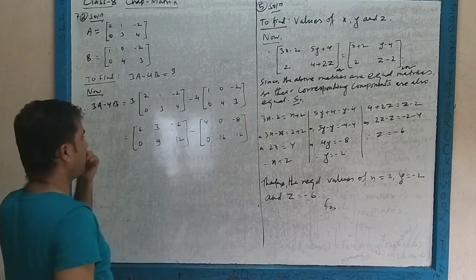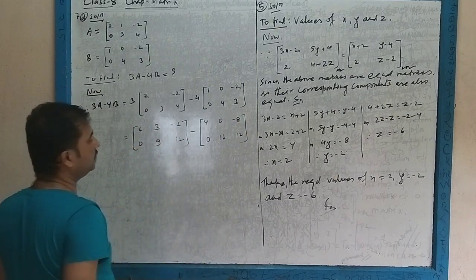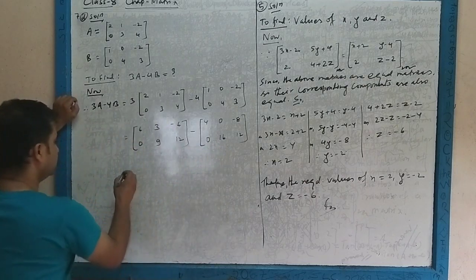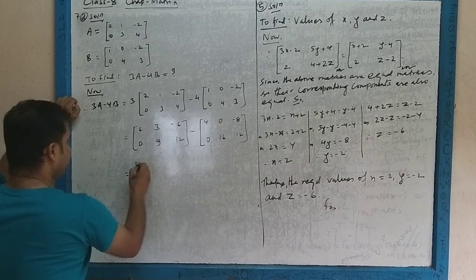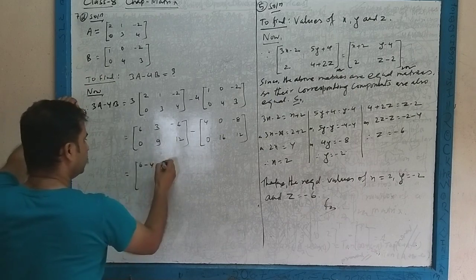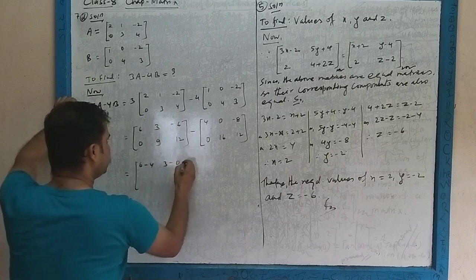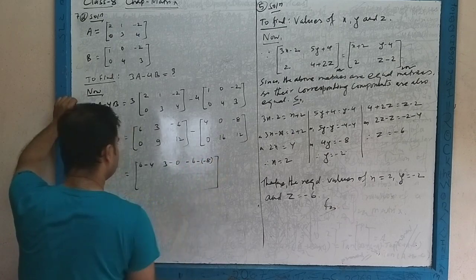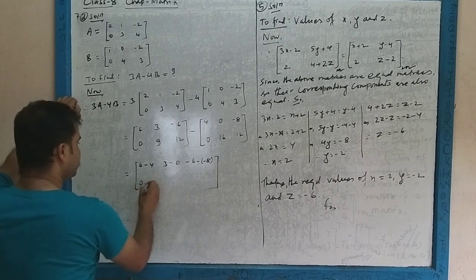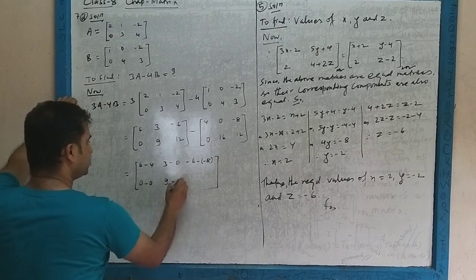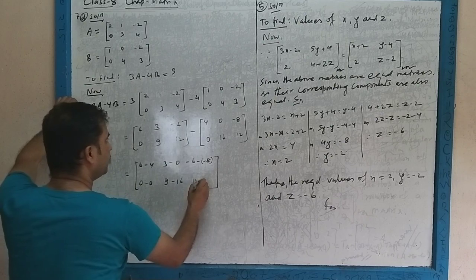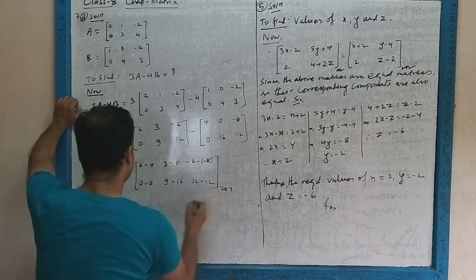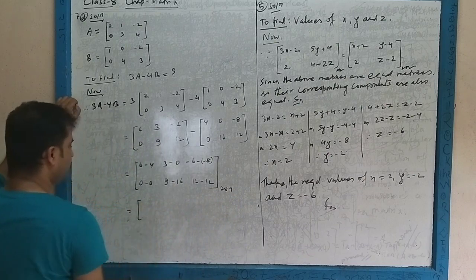Now both the matrices have the same order, 2 rows by 3 columns, so we can subtract. So 6 minus 4, 3 minus 0, minus 6 minus 8, 0 minus 0, 9 minus 16, and 12 minus 12. You can write 2 rows, 3 columns, otherwise if you don't want to write, no problem.